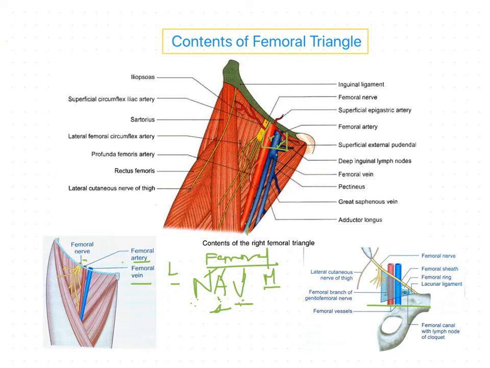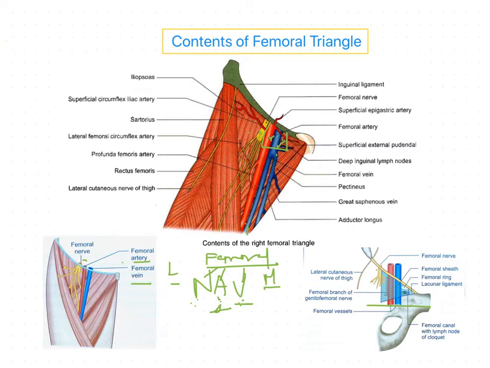If you see the femoral nerve, here it is giving many branches. The femoral nerve is located lateral to the femoral artery. The femoral nerve is present outside the femoral sheath. The femoral sheath only covers the vessels, vein and artery.